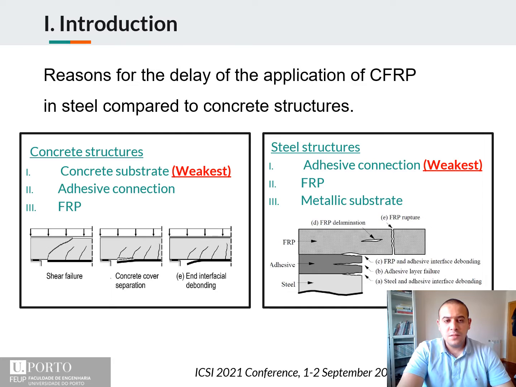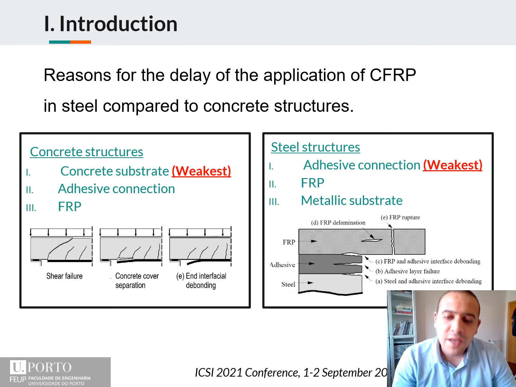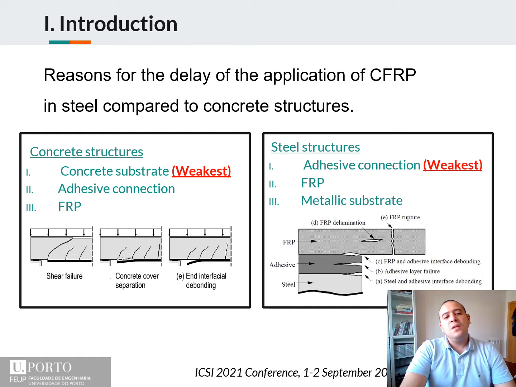And the reason for the delay, or at least the main reason in my opinion, for the delay of the application of CFRP in steel compared to concrete structures is mainly due to the failure mode. In concrete structures, the weakest part is usually the concrete substrate.